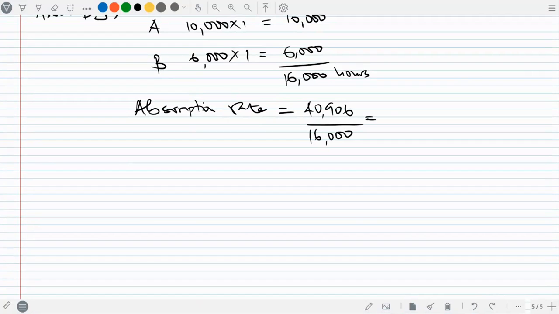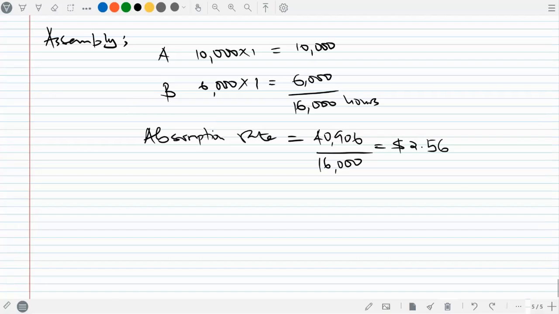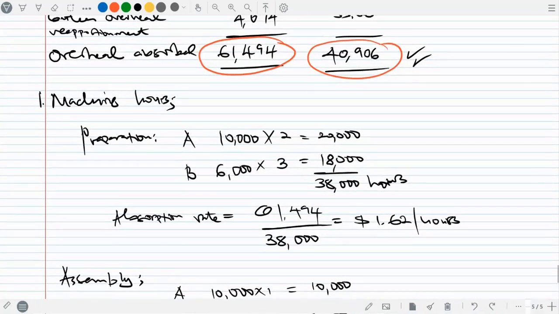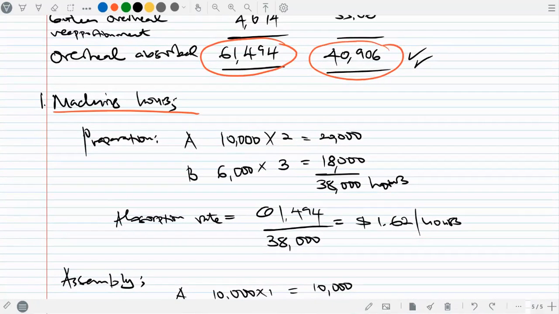Gives us how much? 2.56. Therefore, for every 1 hour that product A or product B takes in the assembly department, the cost incurred is 2.56. That's based on machine hours. The basis here we state is machine hours.